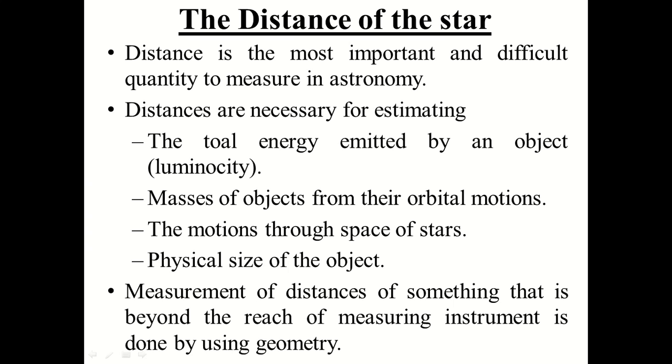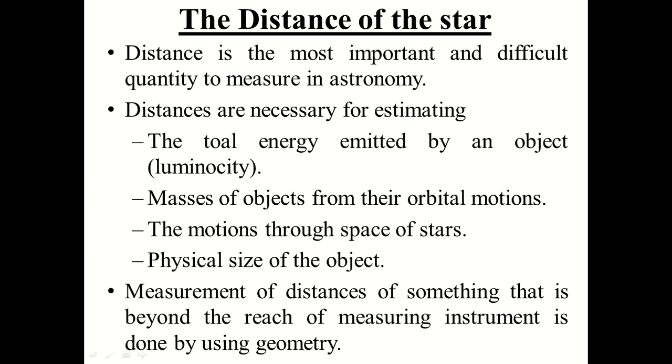If we are considering periodic motion, we need the period etc. to calculate the distance. So for the period and different aspects of the motions, we need the distance of that object. Also, to discuss the physical size of an object, we need its distance.